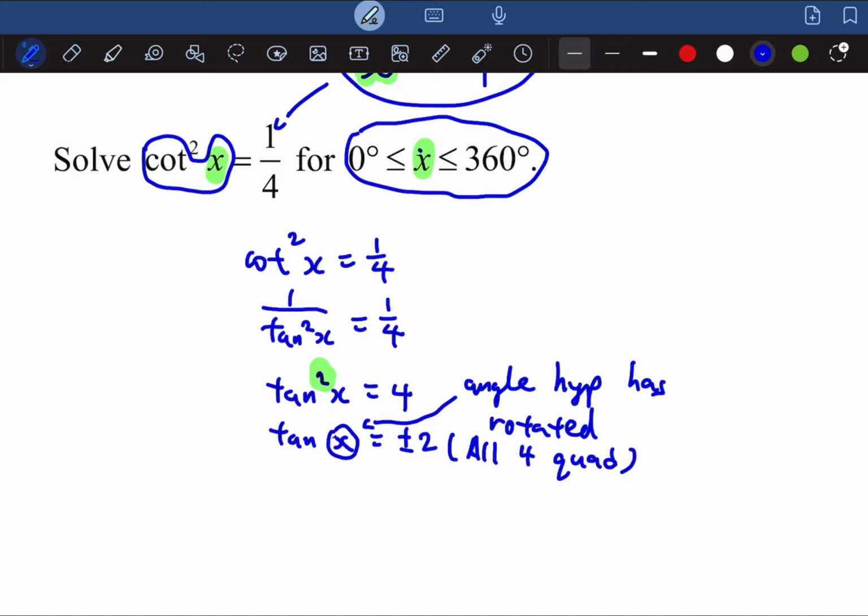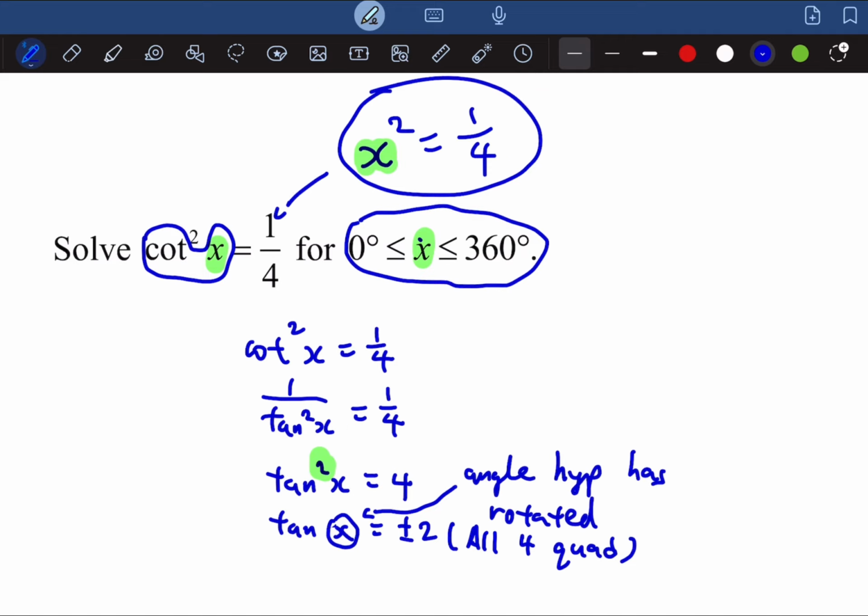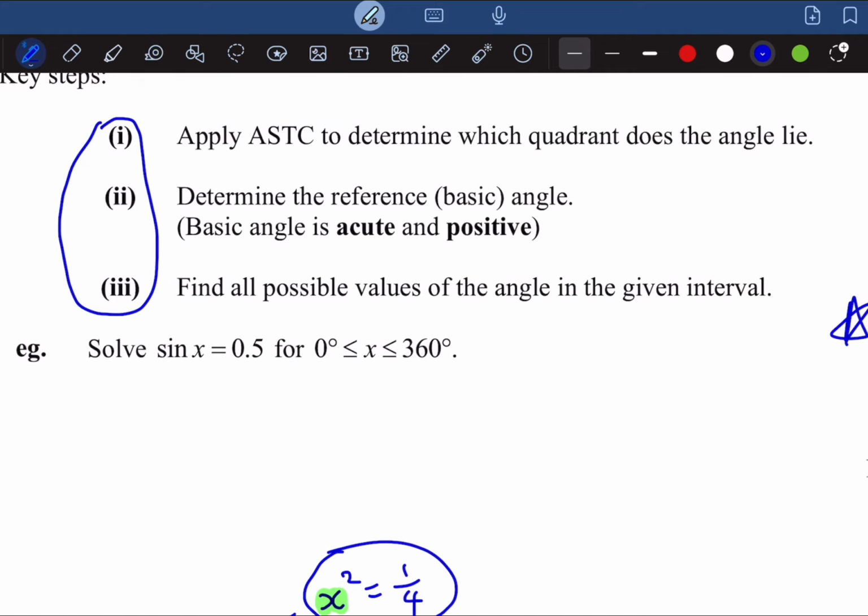The next thing is that we have to find the basic angle first, like for example here, step 2. Take note, the basic angle is always acute and it's always in the first quadrant. So we find the basic angle. And take note, when we want to find the basic angle, we do not include the sign here. The sign here is just telling us where the hypo is, in whichever quadrant.